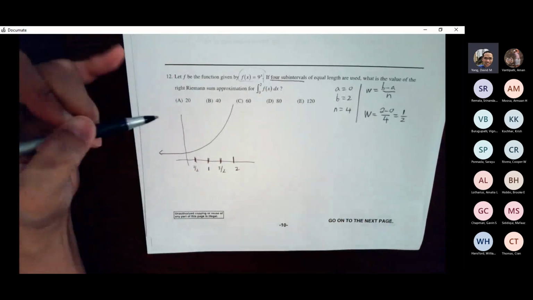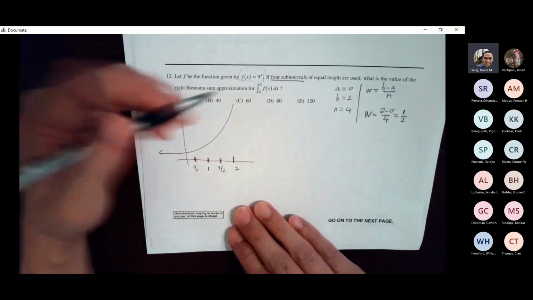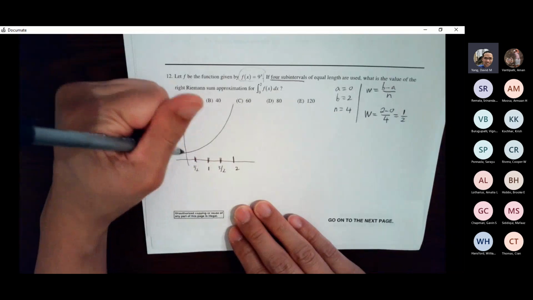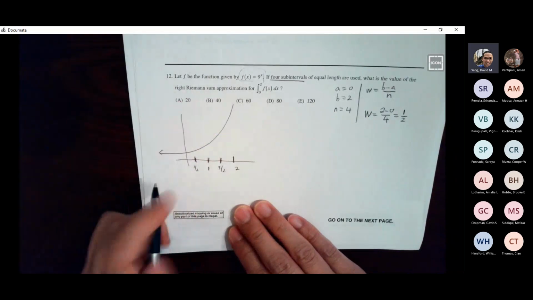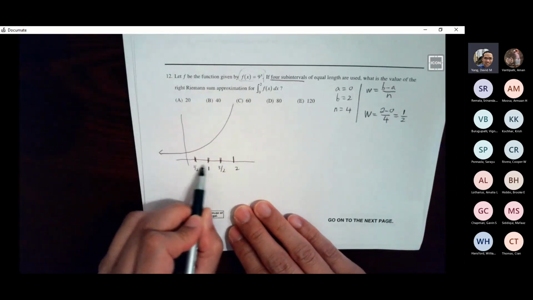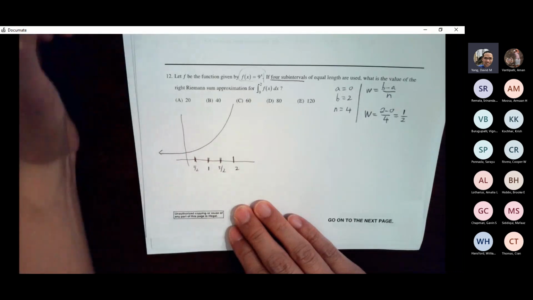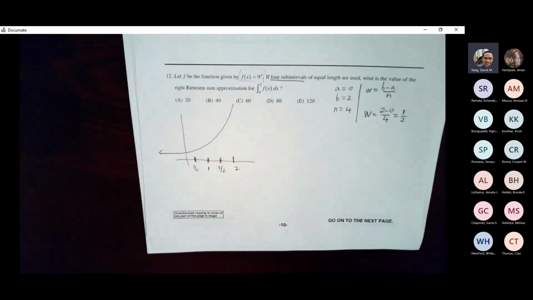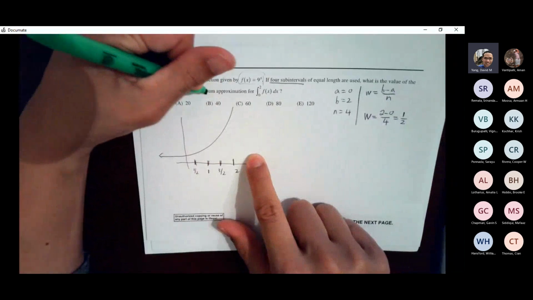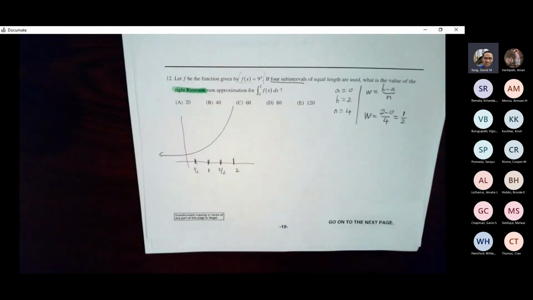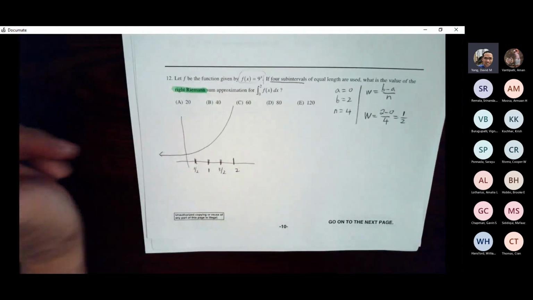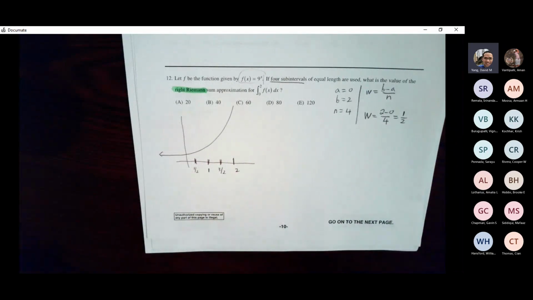Okay, I want the right Riemann sum. So for each subinterval, one, 2, 3, 4, I want the right endpoint to connect to the curve, and then let that be the height of that rectangle.